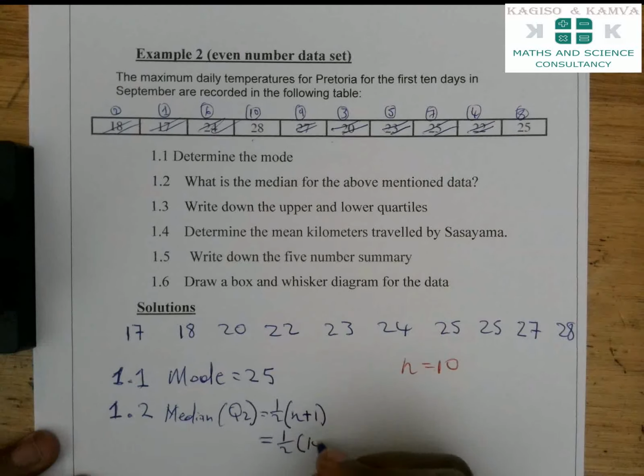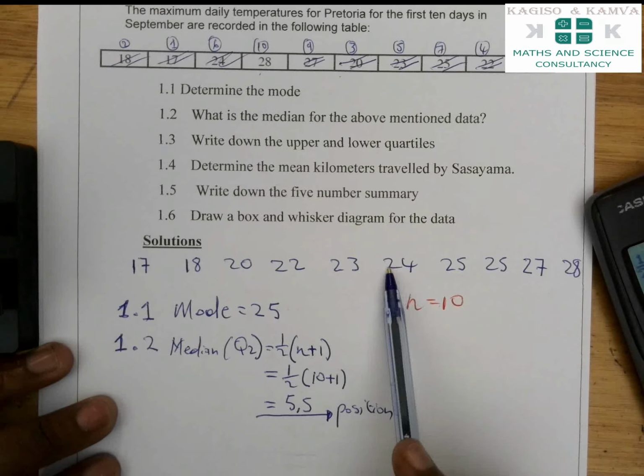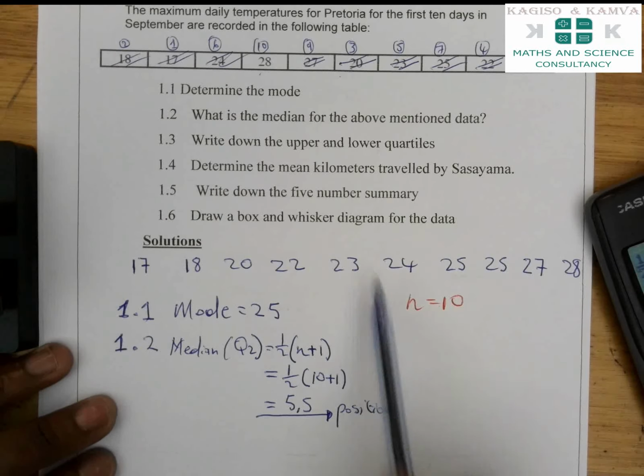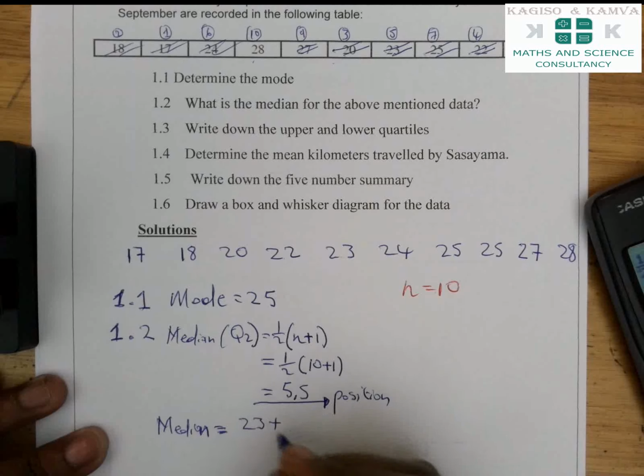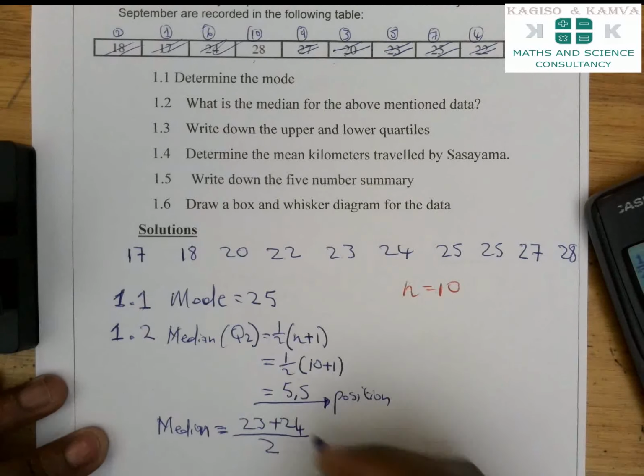Okay, so how do we get the median? If that is the case, we're going to add the two values and divide by 2. So our median is going to be equal to 23 plus 24 divided by 2.